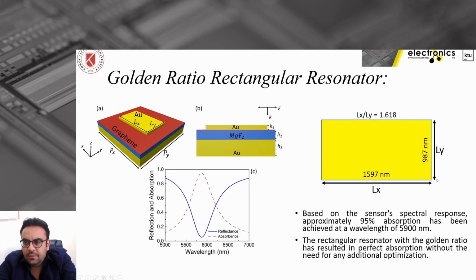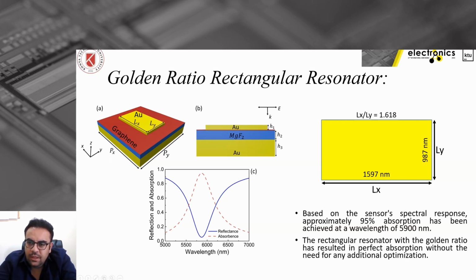In this study, a hybrid plasmonic perfect absorber has been proposed using golden ratio-based metal resonators and graphene. The aim of this plasmonic sensor was to achieve the detection of DNT using the SEIRA method.